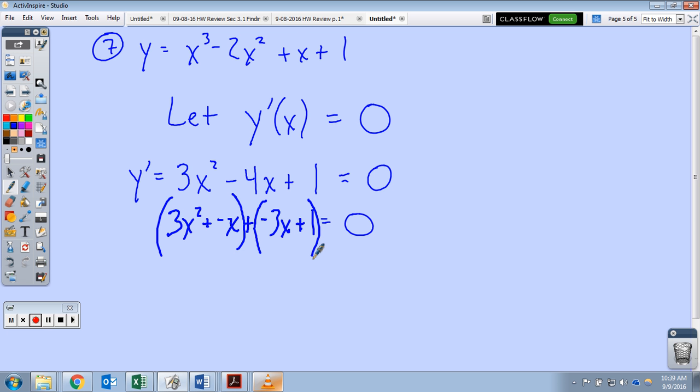They have x or -x, depending on how you look at it. You need this to match. So I'm going to take out a -x, leaving me -3x plus 1, plus -3x plus 1 equals 0.